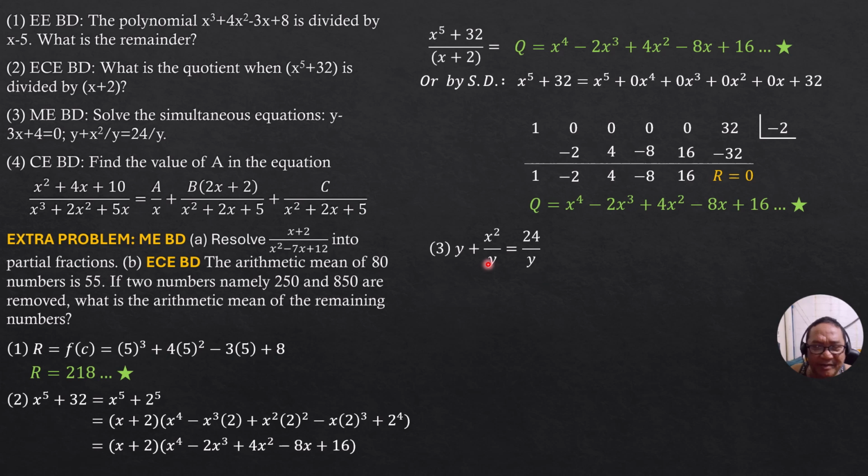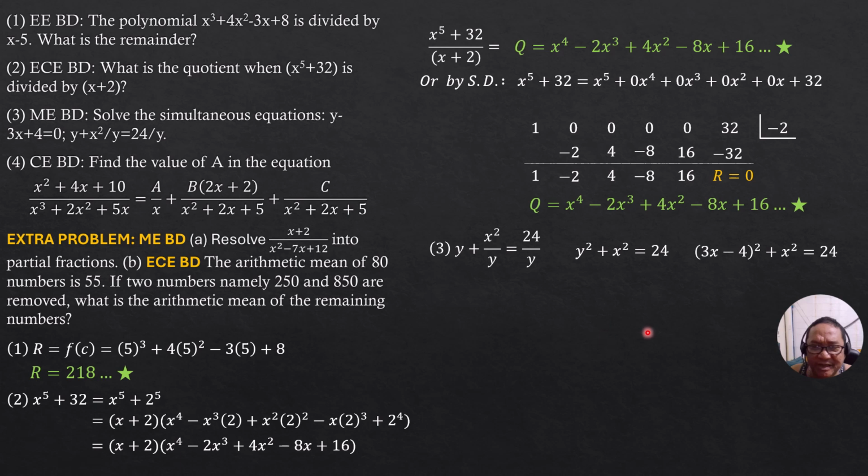From here, we multiply everything by y, so y squared plus x squared equals 24. Then we substitute the value of y from the first equation, which is y minus 3x plus 4 equals 0. So that means y is 3x minus 4.